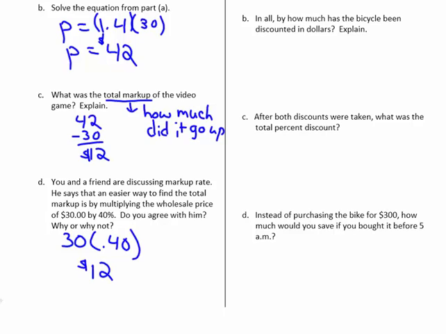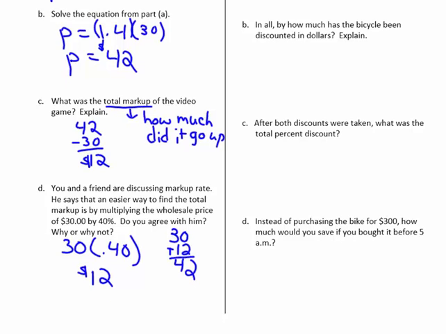That's the markup, not the selling price, because then you would have to add it to the original to get the thing we got in the very beginning. So it's kind of up to you whether or not you think that's easier. There really isn't one correct answer for that.